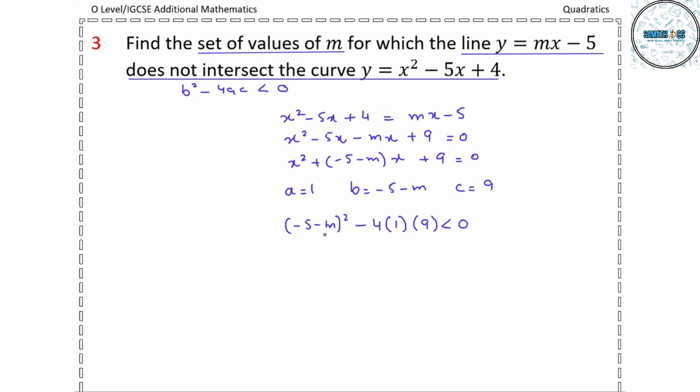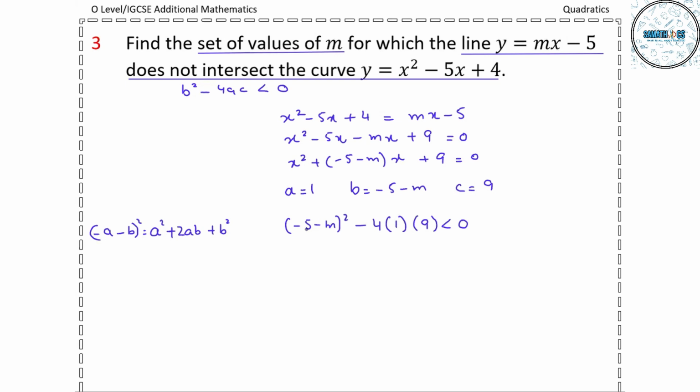We will expand this using the identity. Whenever we have both the signs negative, then all the answers are positive: a square is positive, 2ab is positive, and b square is also positive.